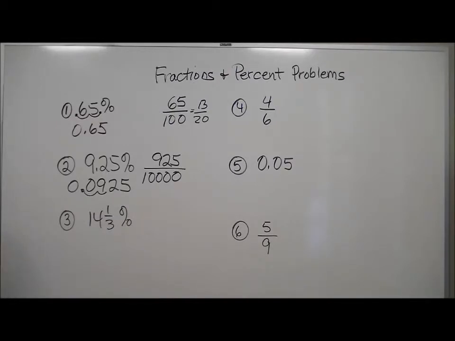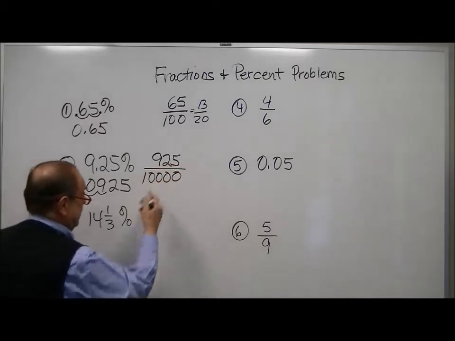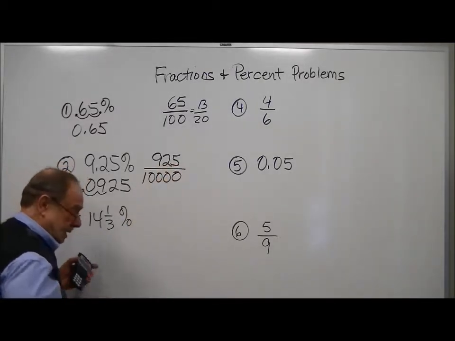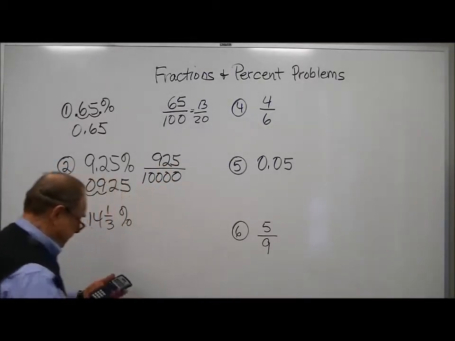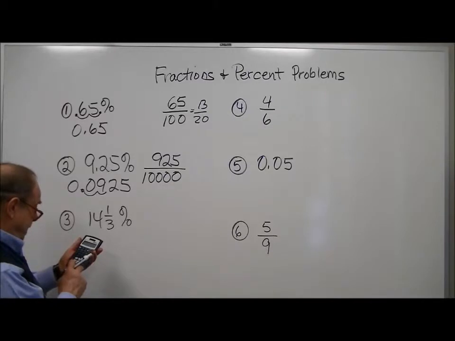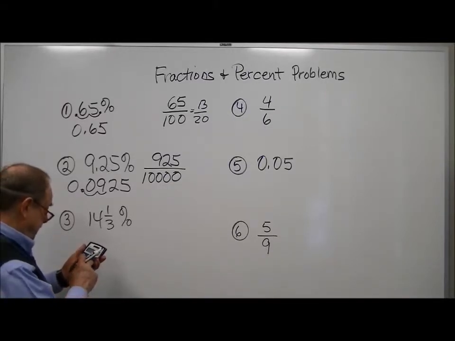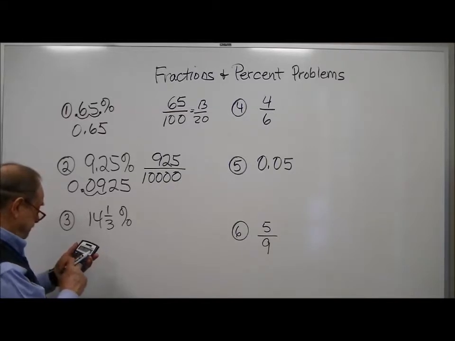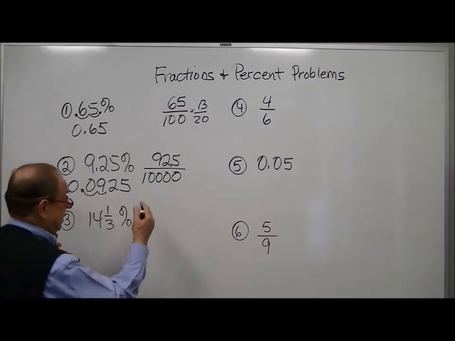Now you can start taking a 5 out of here, and I brought my calculator along. So 925 divided by 5, that's going to be 185.